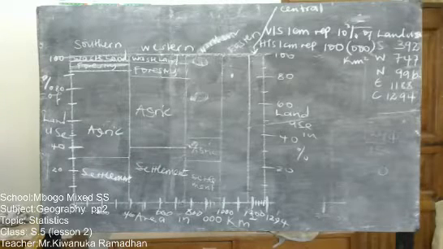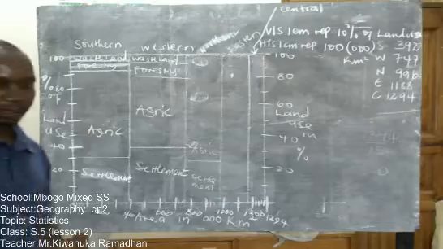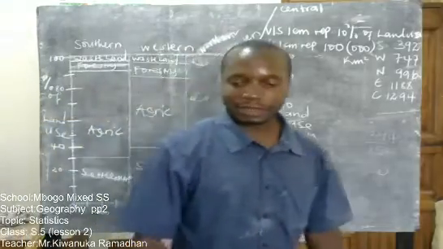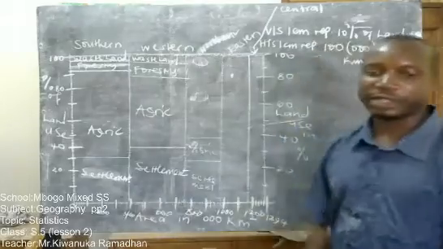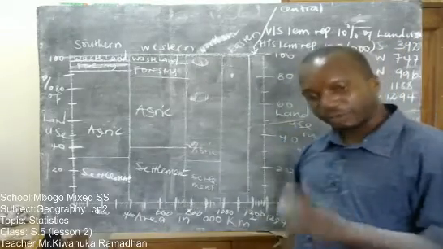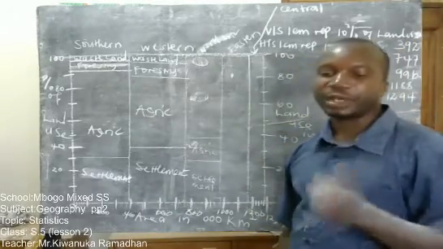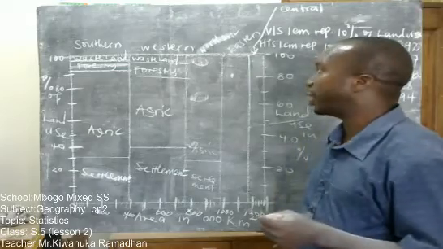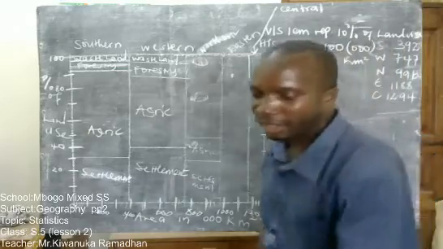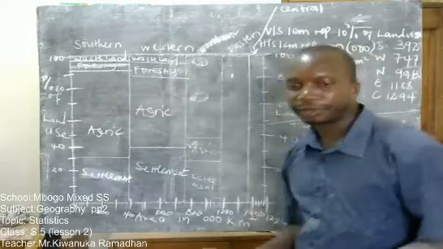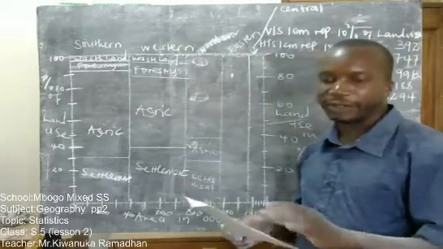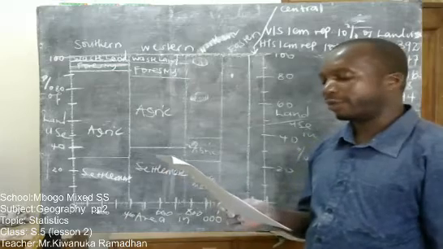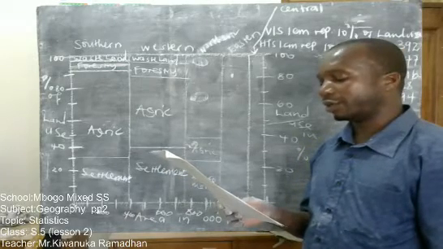After finishing, then you put your title. Like we said earlier on, our title is going to be put on top. If you write it in smaller letters, you have to underline. If it is in capital letters, you may not need to underline. For this case, our title is going to be what? You look at the introductory statement that is given to you in the question.